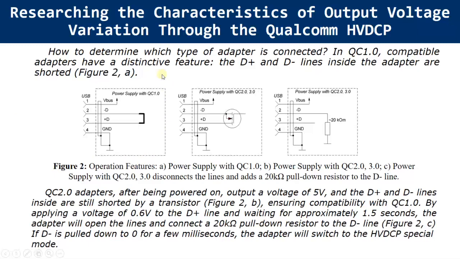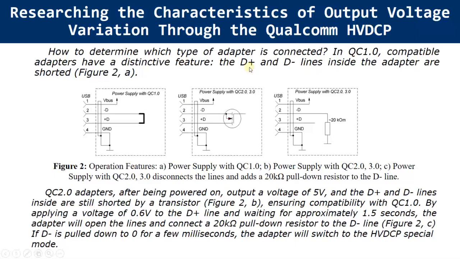QC 2.0 adapters, after being powered on, output a voltage of 5 volt, and the D+ and the D- lines inside are still shorted by a transistor. Figure 2b.